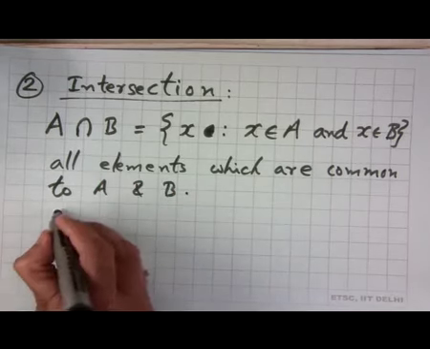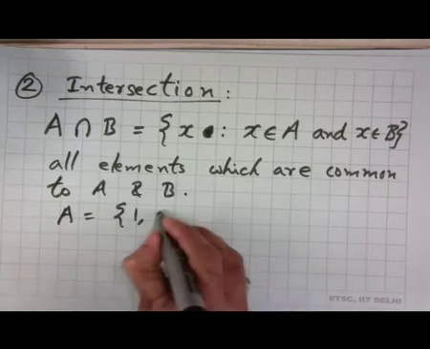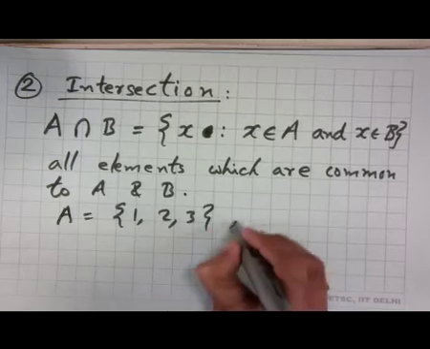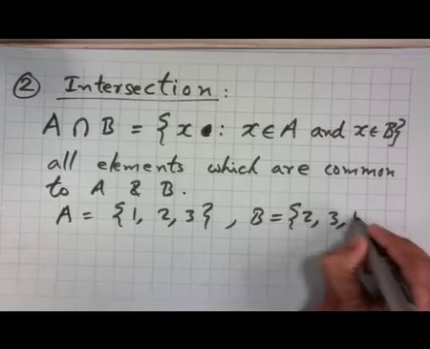So, for the previous example, A is equal to 1, 2, 3 and B is 2, 3, 4, 5.